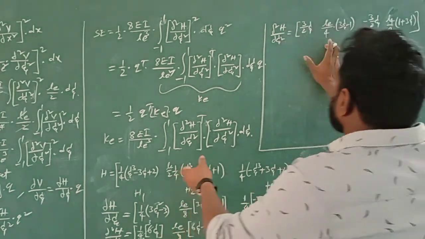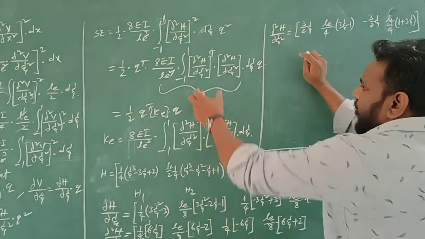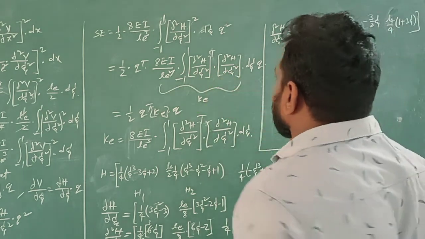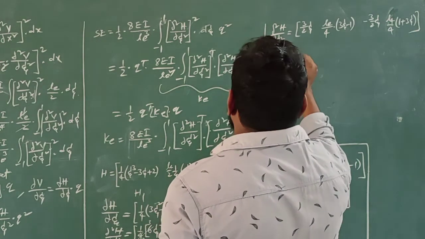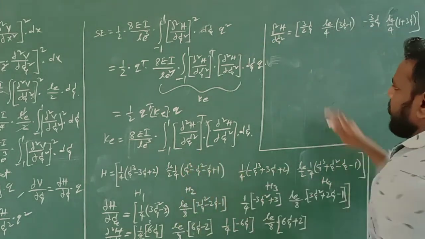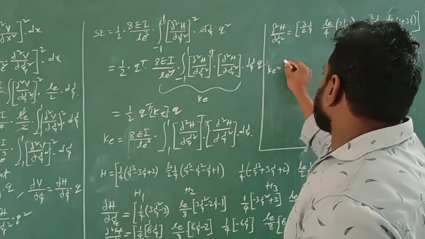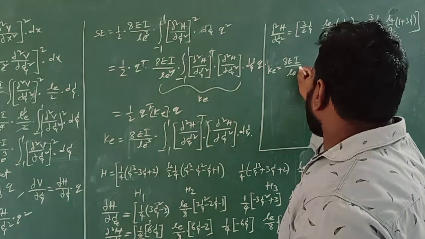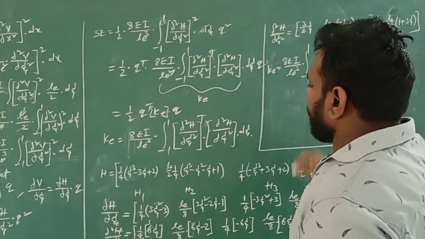So substitute this ∂²h by ∂j² value in this equation. We will get the strain energy equation. In this strain stiffness matrix equation, that is Ke, it is equal to 8EI by Le cube into integral from -1 to 1.